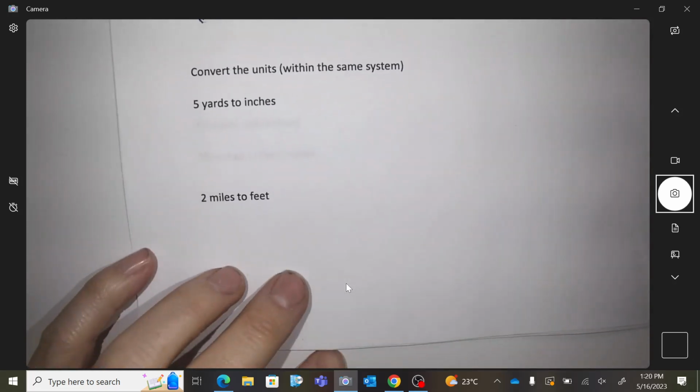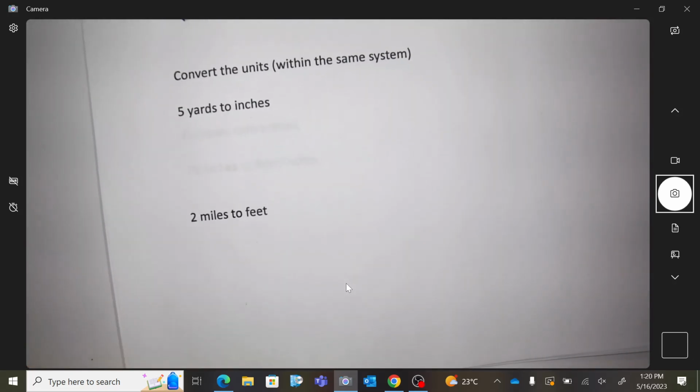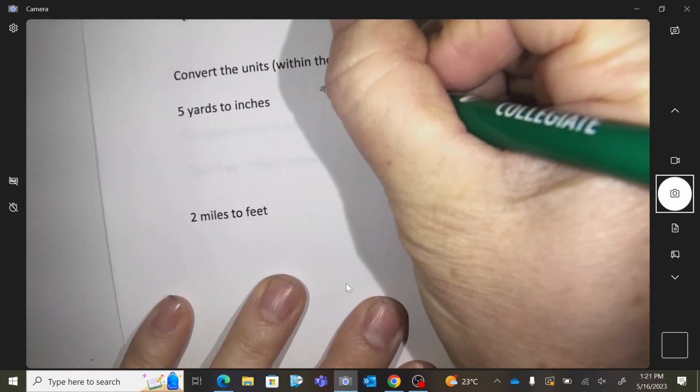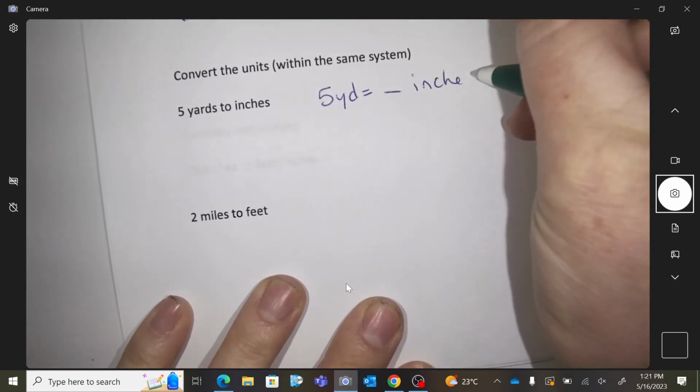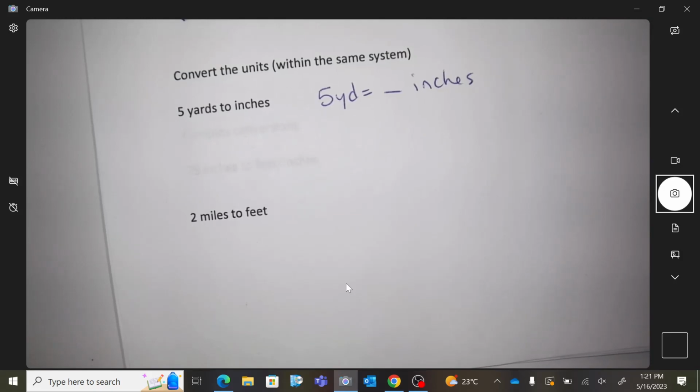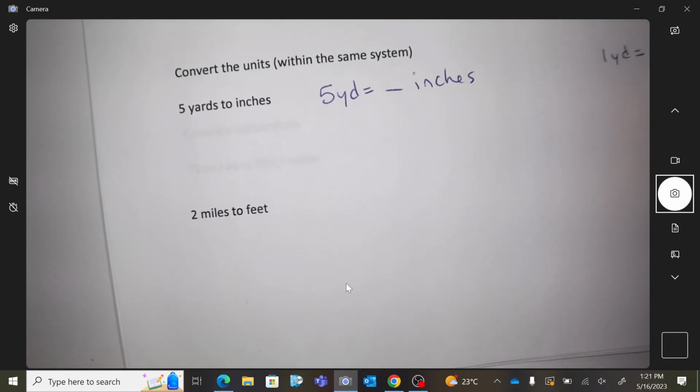Okay, converting, you'll have a formula sheet with all your stuff on it. So 5 yards equals how many inches? Okay, I believe there's nothing on your sheet that goes from yards to inches, right? Okay, so let's go 1 yard equals how many feet are in a yard? Do you remember that?